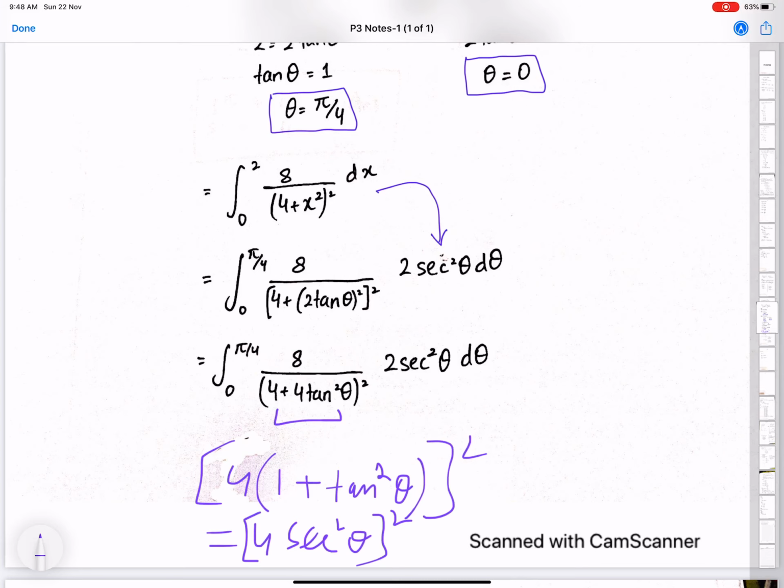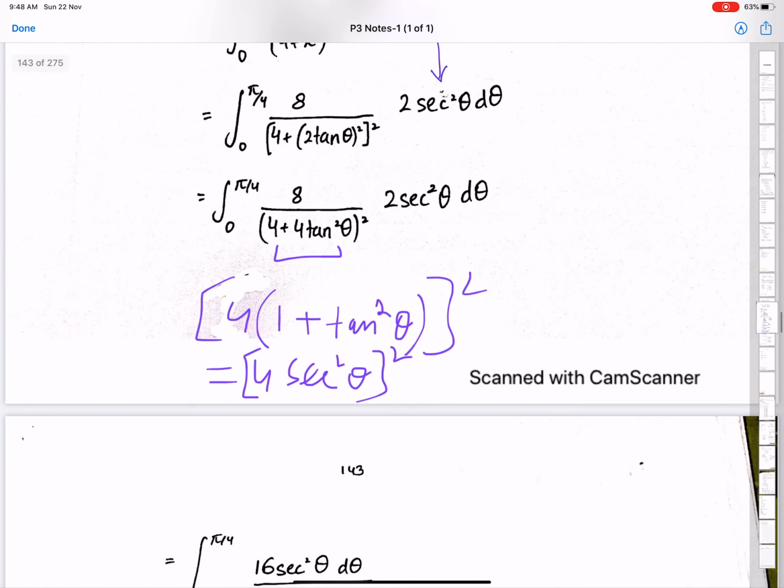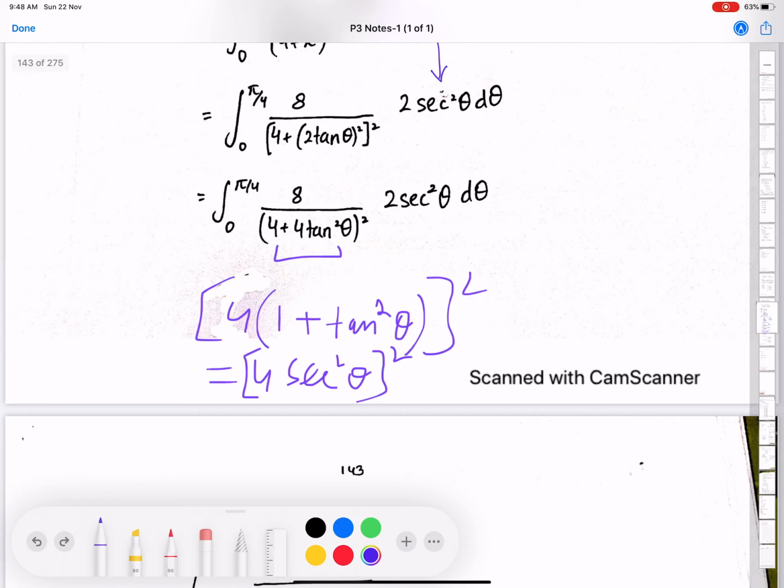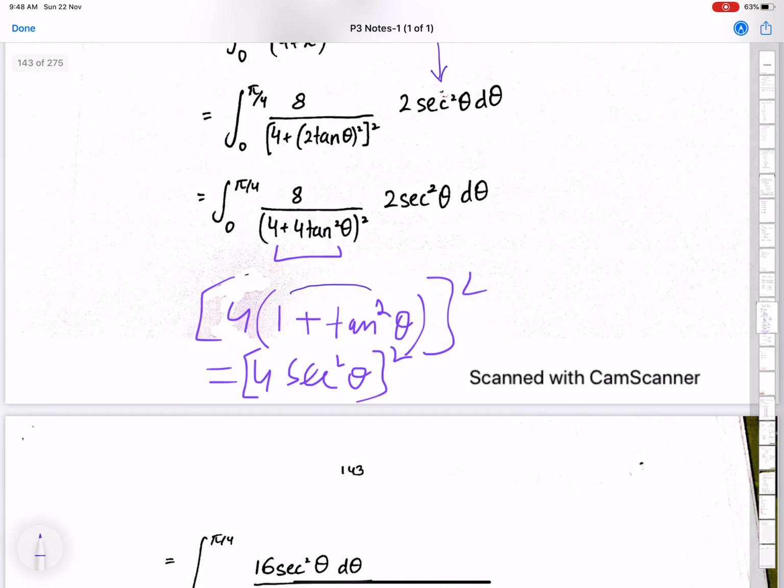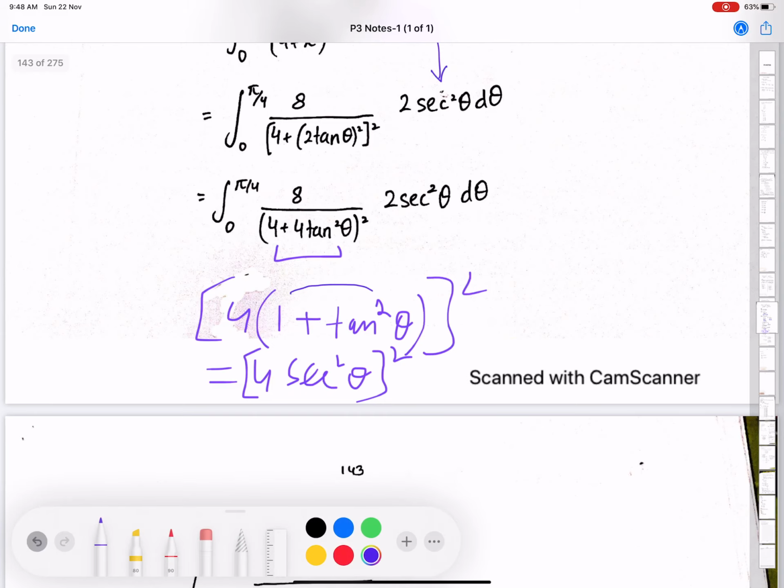You just need to simplify the denominator. When you simplify the denominator, you'll get 4 plus 4 tan square theta, and then you just need to take 4 common, and this will become 1 plus tan square theta. That will become 4 sec square theta, and that will become 16 sec power 4 theta.